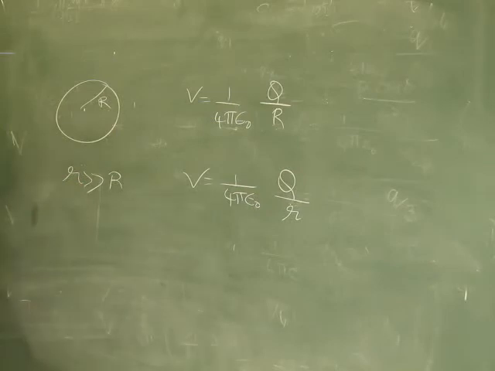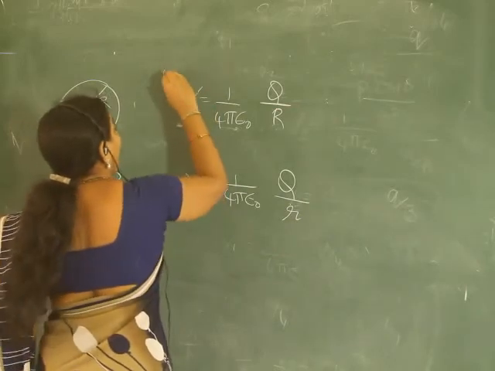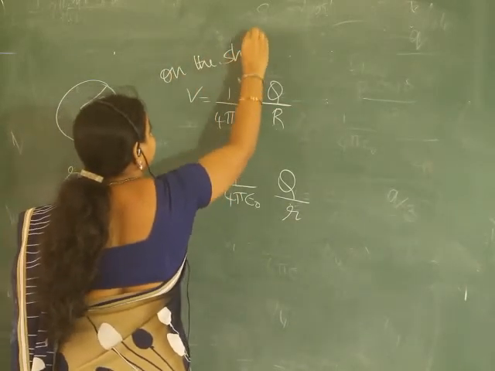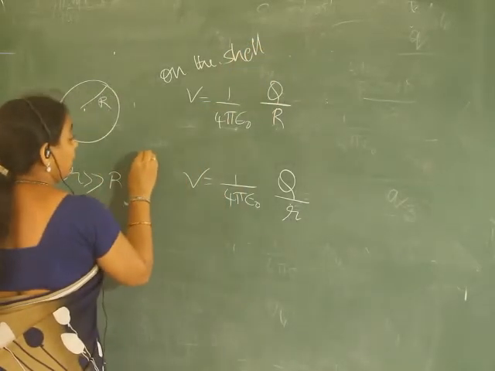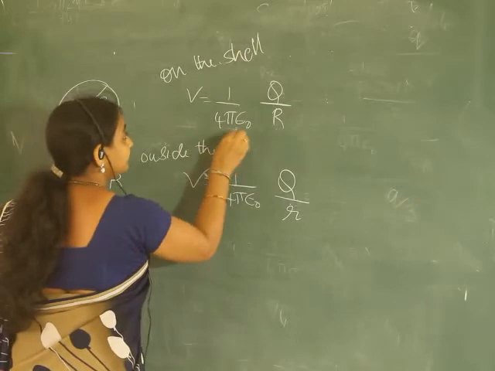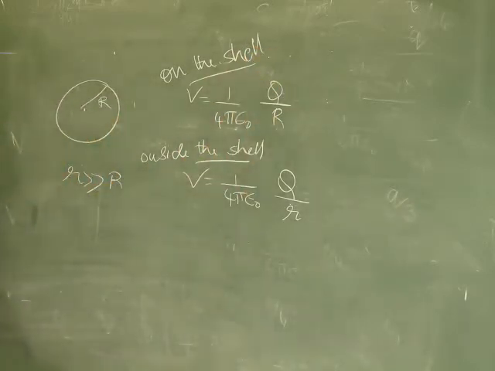If it is greater than R, that is outside the shell. This is for on the shell, and this is for outside the shell. Then next, one more expression for inside the shell.